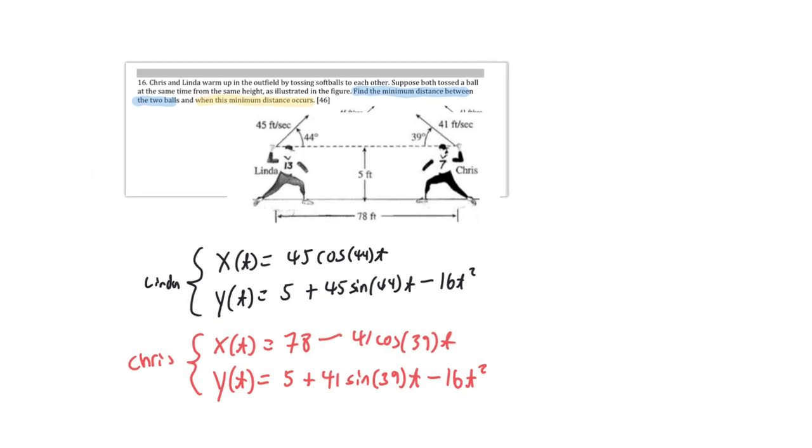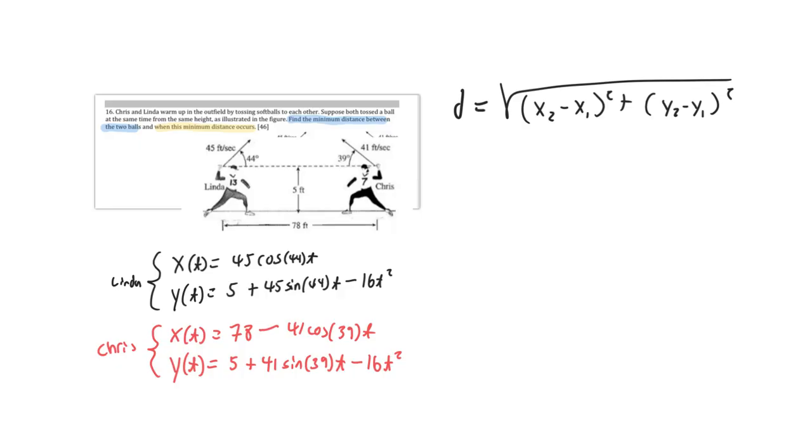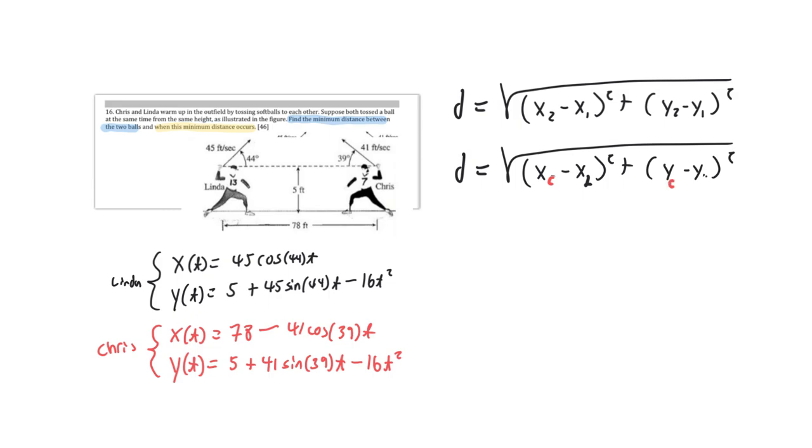So the distance formula is this. And in a sense, we're going to be using the distance formula because it's the same thing, only as it pertains to the x components, it's going to be the x component of Chris minus the x component of Linda, and then the y component of Chris minus the y component of Linda.